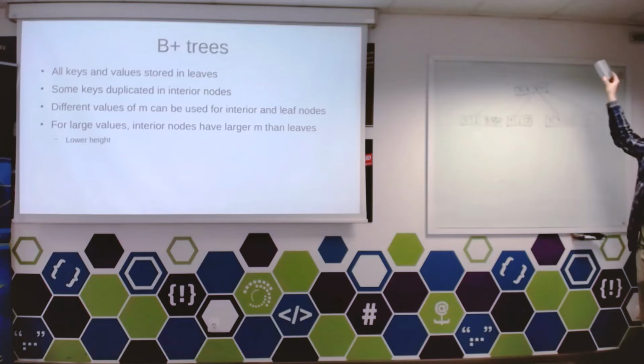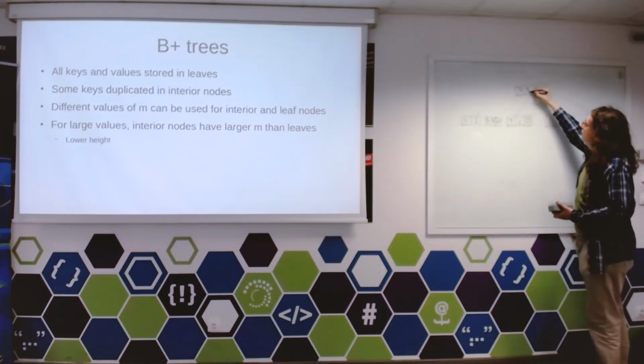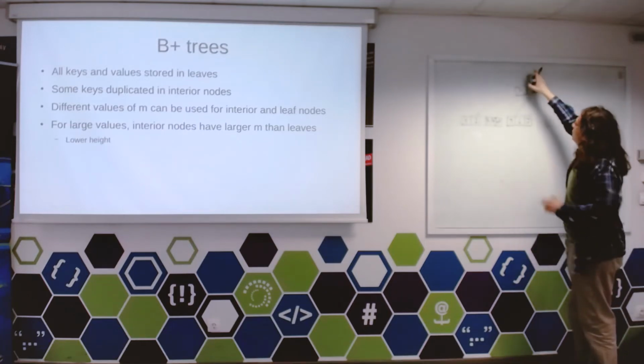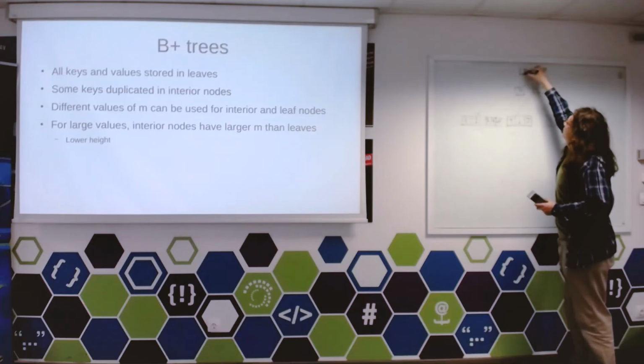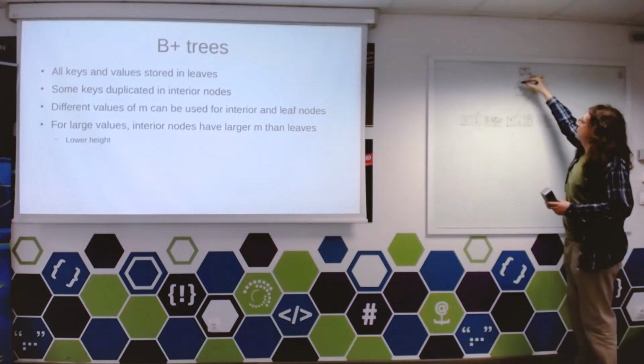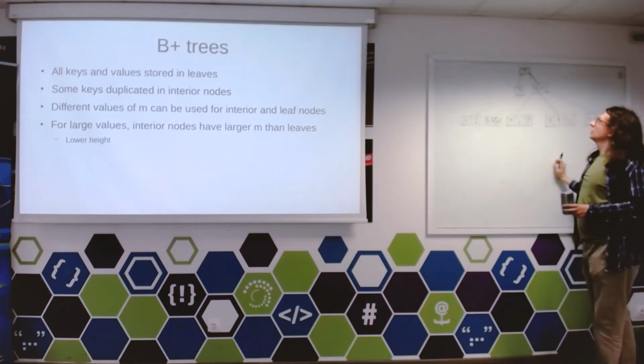Everything up is basic. Oh, here we also need to do a split, sorry. Here we will do the split the same way as a regular B-tree. So the new root will still be 8 in this case.